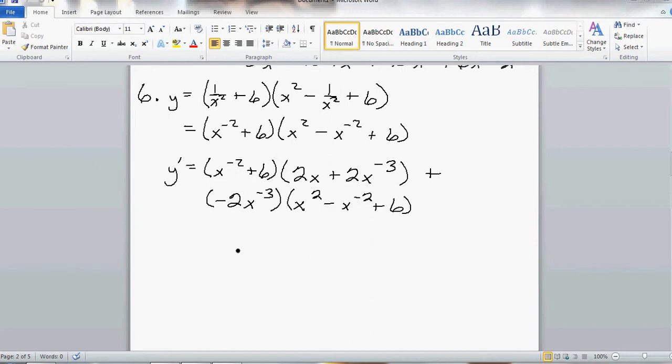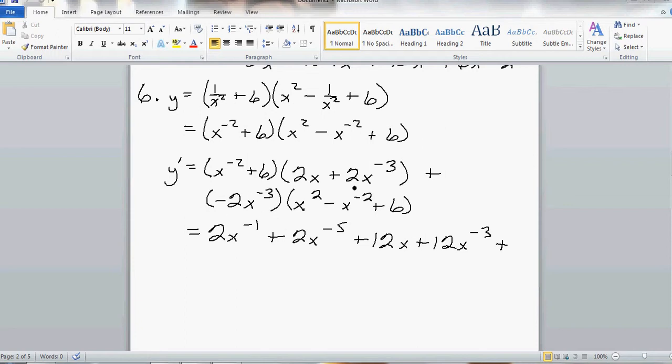Now we have quite a bit of cleaning up to do. I'm going to take x to the negative 2 times everything here. So x to the negative 2 times the 2x will become 2x to the negative 1. This times this would be plus 2x to the negative 5. Then I have to take 6 times everything here. So that would be plus 12x plus 12x to the negative 3.